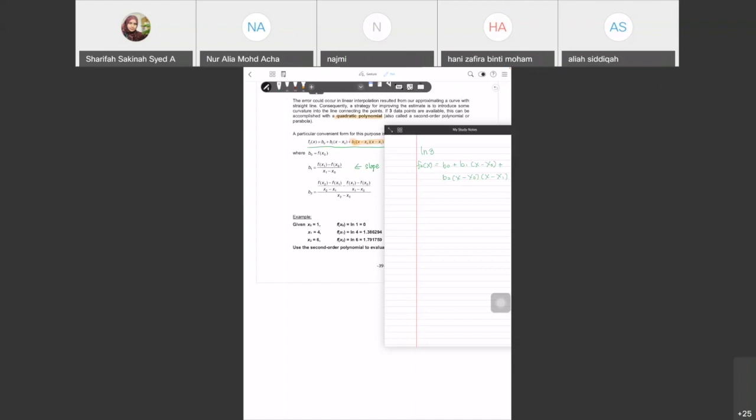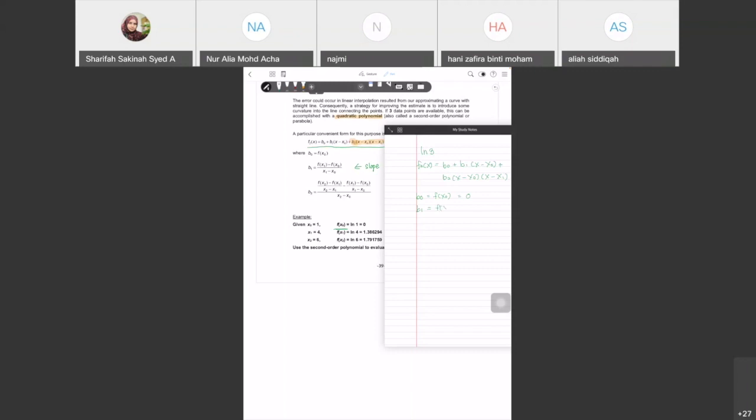Alright. So what is b0? b0 is f(x0). So in this case, b0 is actually 0 because our f(x0) is ln 1 equals 0. Next, our b1 is by using the slope formula.